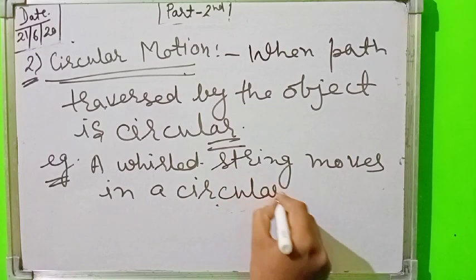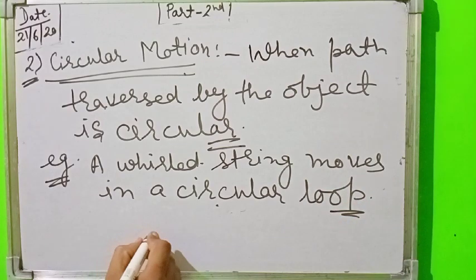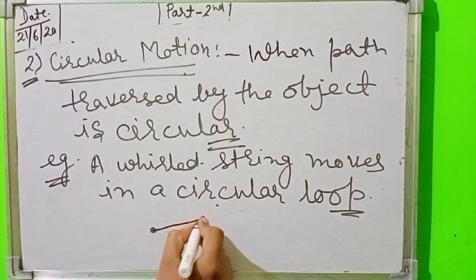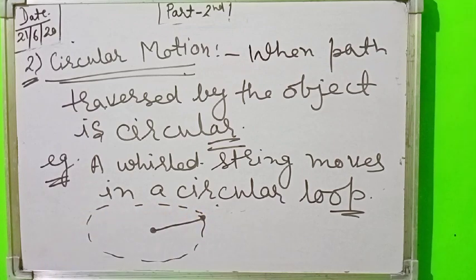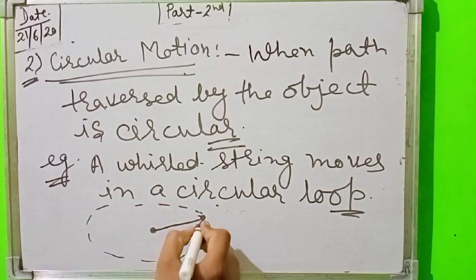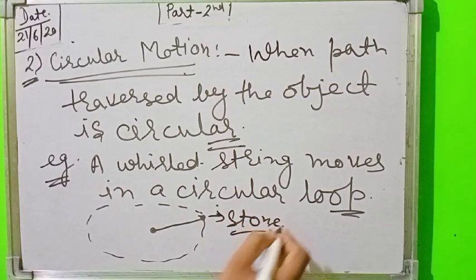In a circular loop, suppose this is the center, you have tied a string and that stone is moving in a circular loop. So whatever the path followed by this stone, this is a circular path.